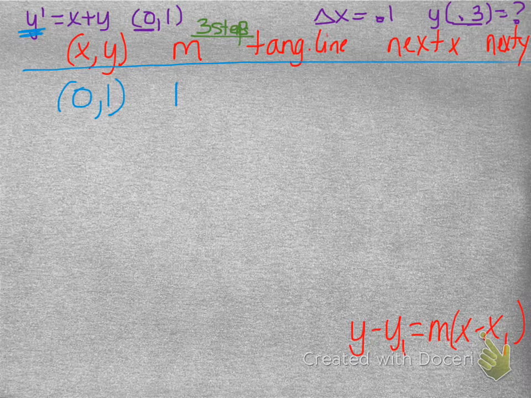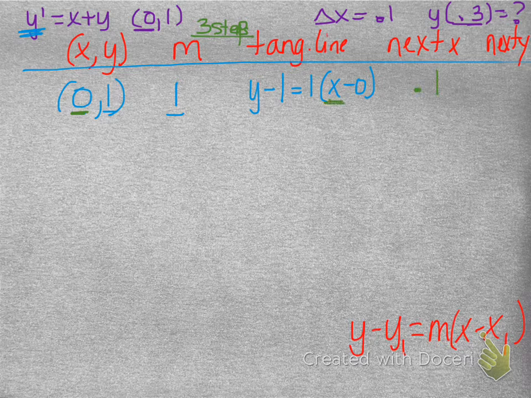So on this first one, the tangent line is y minus 1 equals 1 times x minus 0. All I did is fill in the 0, the 1, and the 1. Next, the next x, I get from how much we're going up. Starting with the x of 0, I know that I'm going up by 0.1, so my next x is 0.1.